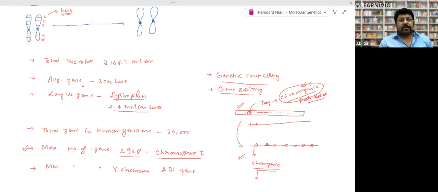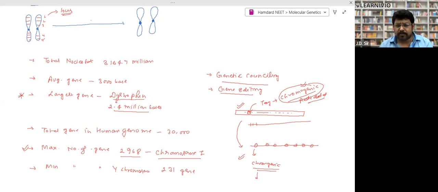The average gene, meaning a single gene, of a human being has 33,000 bases, right? The largest gene, this question has already been asked multiple times, is responsible for the formation of dystrophin.